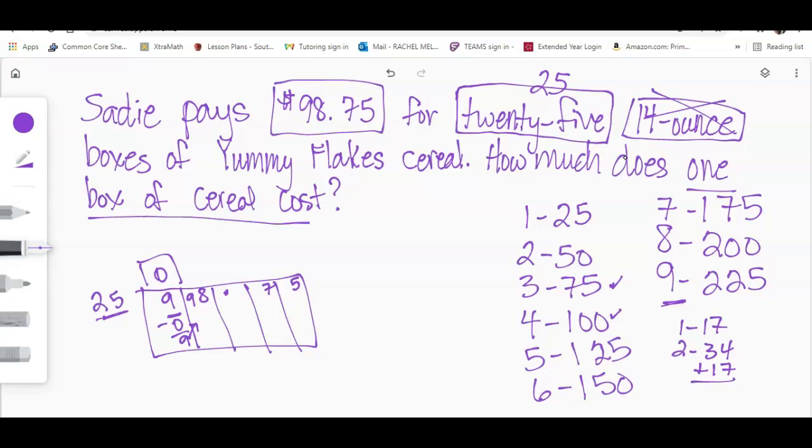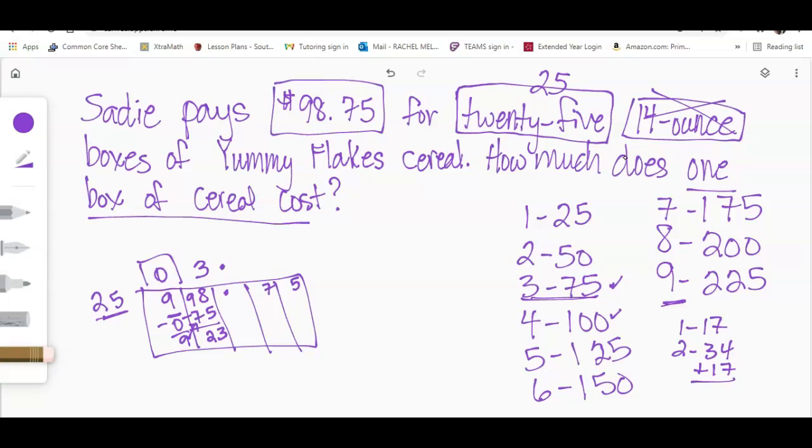Under is okay because then if I have a remainder, I can move it over to the next place value. But I cannot have a multiple that is over my dividend that I'm dealing with. So in this case, I need 3 groups of 25, which is 75. So I do my subtraction. That gives me 23.